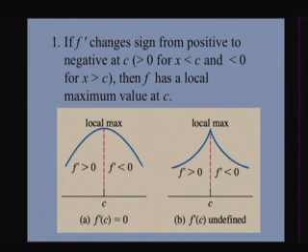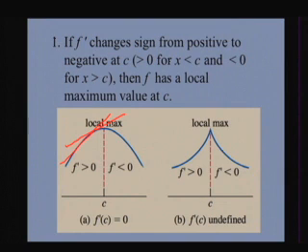And so I want to show you, for f prime, we're looking at the slopes. That is the derivative, the slopes. And what you'll see is that the slope is positive where I've drawn it.